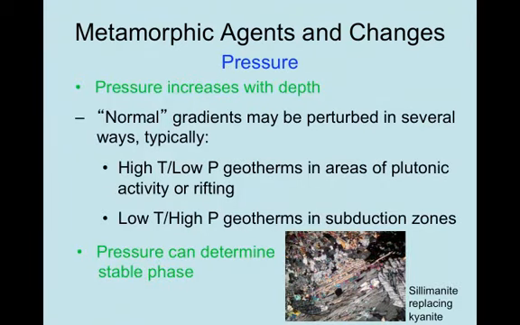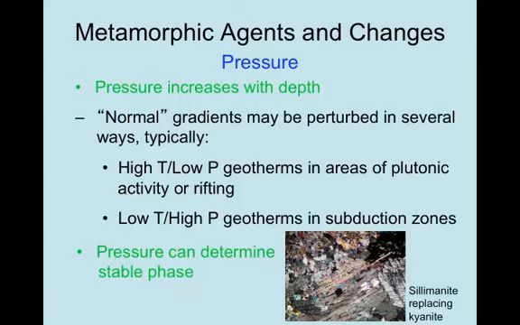Pressure is important. We know that pressure increases with depth, and the normal gradient that you see in the crust can be perturbed depending on the tectonics of the region. So we see high temperatures and relatively low pressures where we have areas with plutonic activity, the heat coming from the plutons, or rifting, where we're thinning the crust and we have more conductive heat from the mantle getting into the crust.